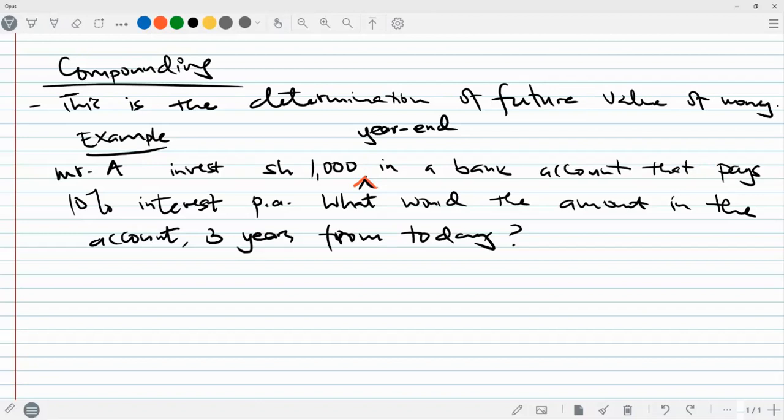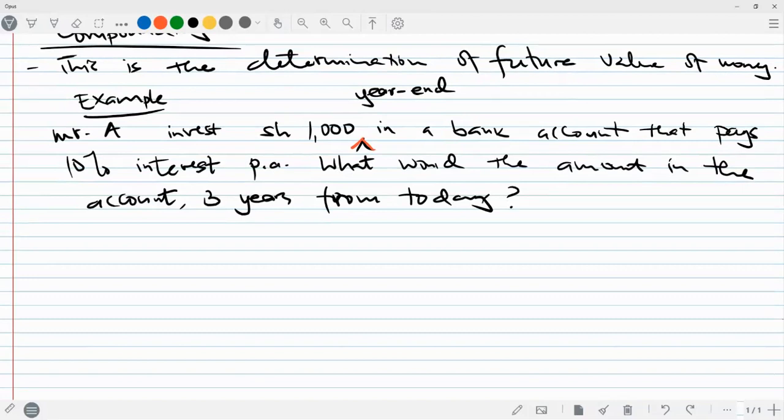Therefore, don't forget you invest at the end of the year. So you can call this period, because the best term is actually to use period. Period 1, period 2, period 3.